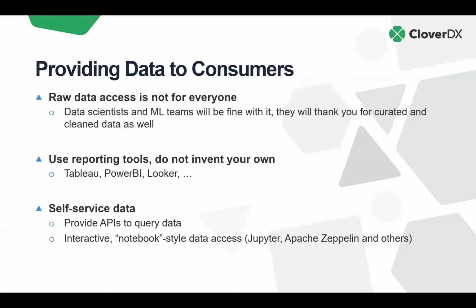What is also a big trend is self-service data, which is something that we've seen before. And it can be kind of a two-edged sword. On one hand, it's very useful, right? Your users, in theory, should be able to get to your data, do whatever they want with it. Oftentimes, you'll see something like notebook-style data access, where you might have Jupyter notebooks or Apache Zeppelin or similar, where people are supposed to just type some sort of a query and get data back.